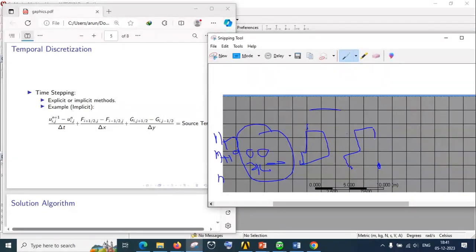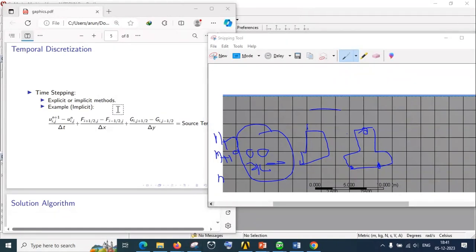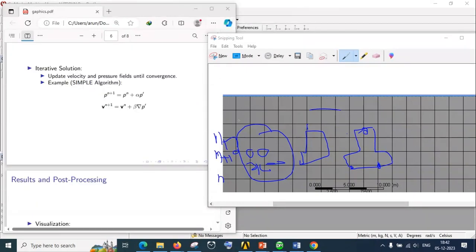My drawing is very poor, so I hope you understand what I am saying. These are the two methods, the explicit scheme and the implicit scheme.